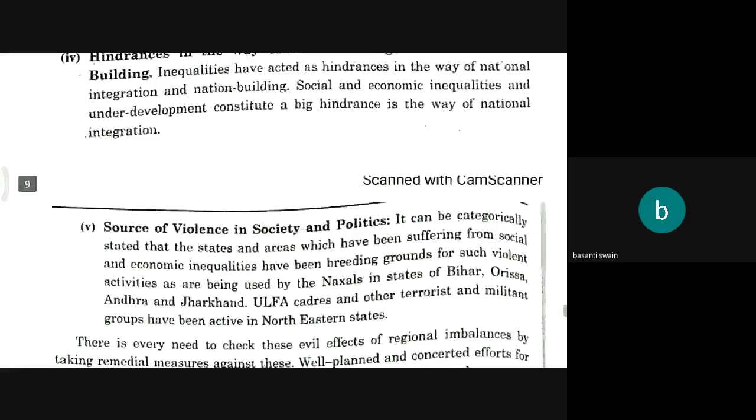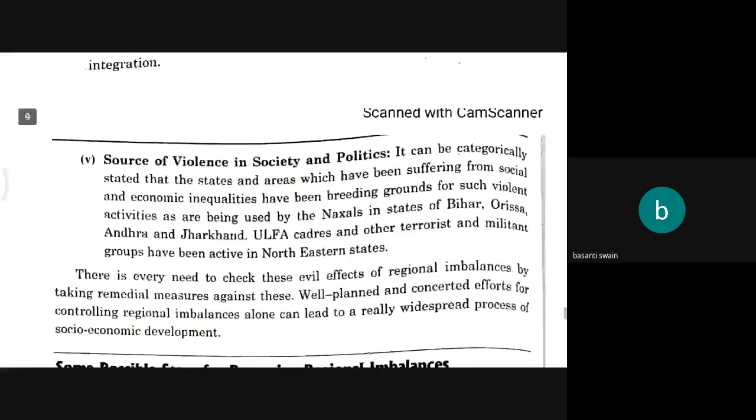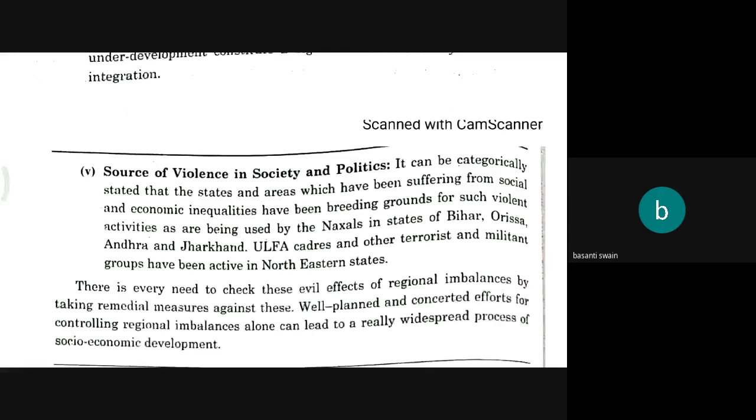The source of violence in society and the politics. It can be categorically stated that the states and areas which have been suffering from social and economic inequality have been breeding grounds for such violations. Such violent activities are being used by the Naxals in Andhra Pradesh, in the states of Bihar, Odisha, Andhra and Jharkhand.